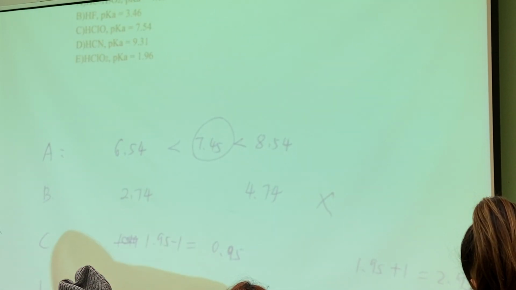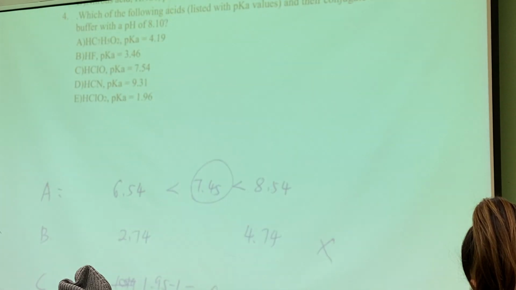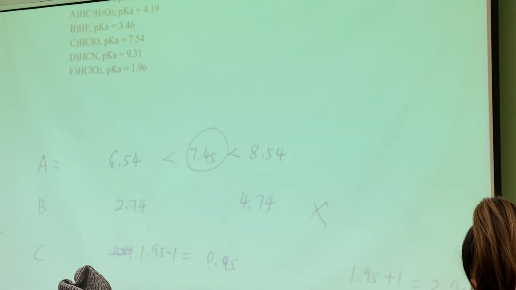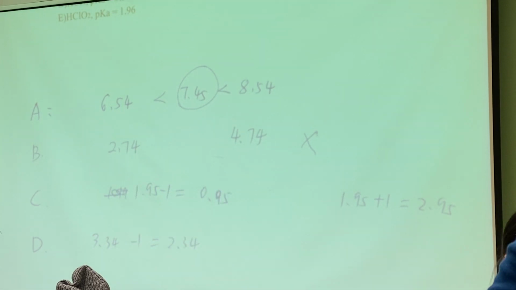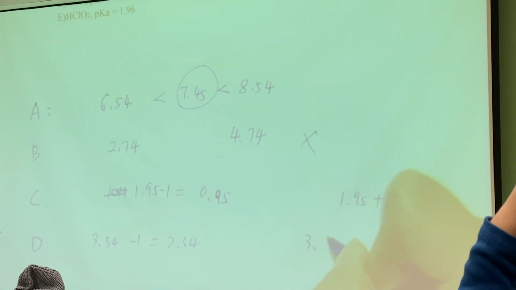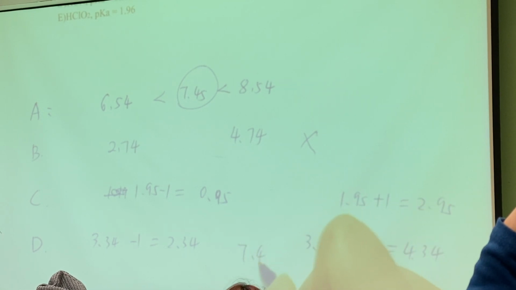Okay? So now D, same thing as B, right? 3.34 minus 1 is 2.34, and 3.34 plus 1 is 4.34. But I need my 7.45 larger than this and smaller than this.